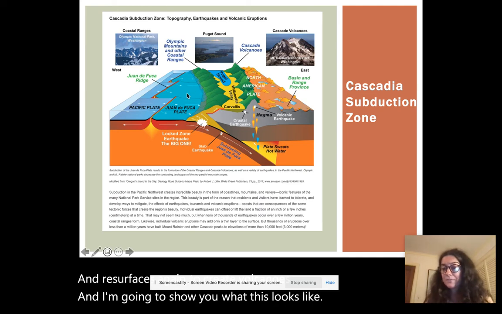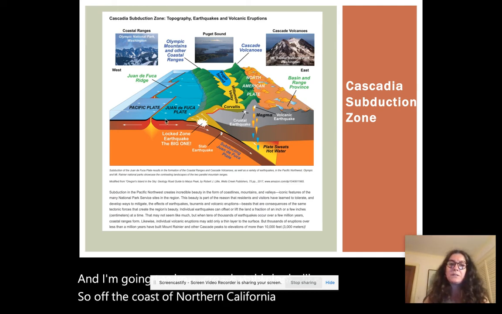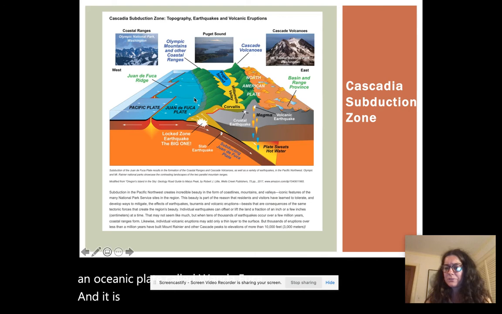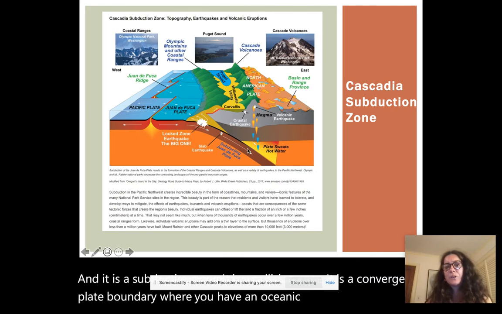So, off the coast of Northern California, Oregon, and Washington is an oceanic plate called Juan de Fuca. And it is a subduction zone, it is a collision zone, it is a convergent plate boundary where you have an oceanic plate colliding with a continental plate.